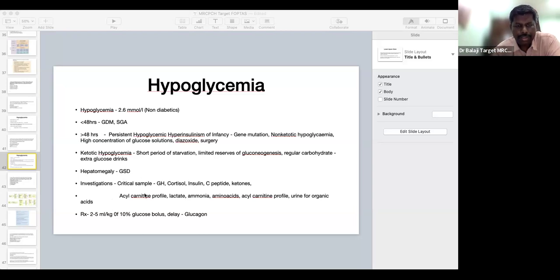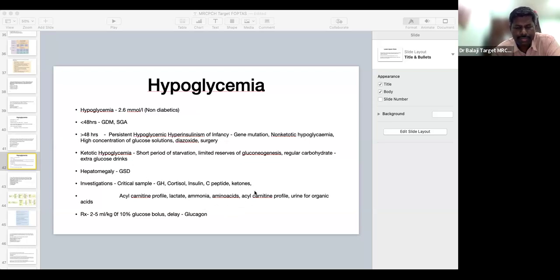Then you should understand the concept of the critical sample. Whenever sugar is low, that is the time you have to take the investigations. That blood sample is called the critical sample. You check insulin, C-peptide, ketones, growth hormone, cortisol, the acyl-carnitine profile, and IEM screening: lactate, ammonia, amino acids.